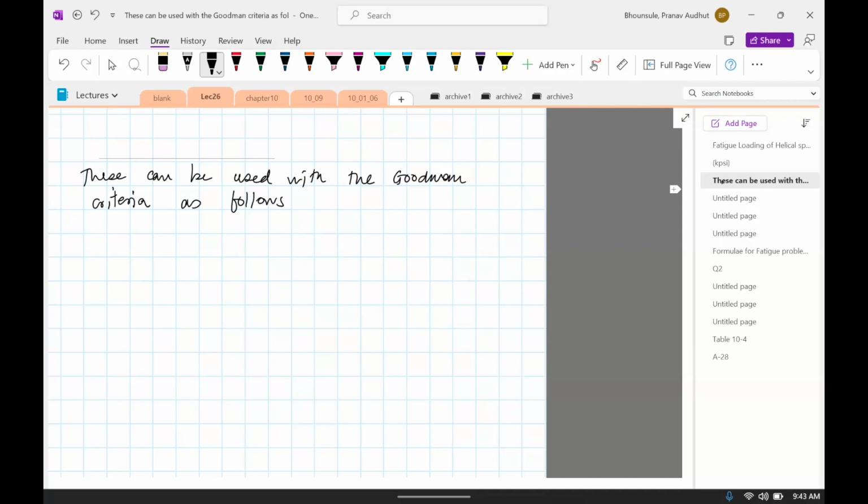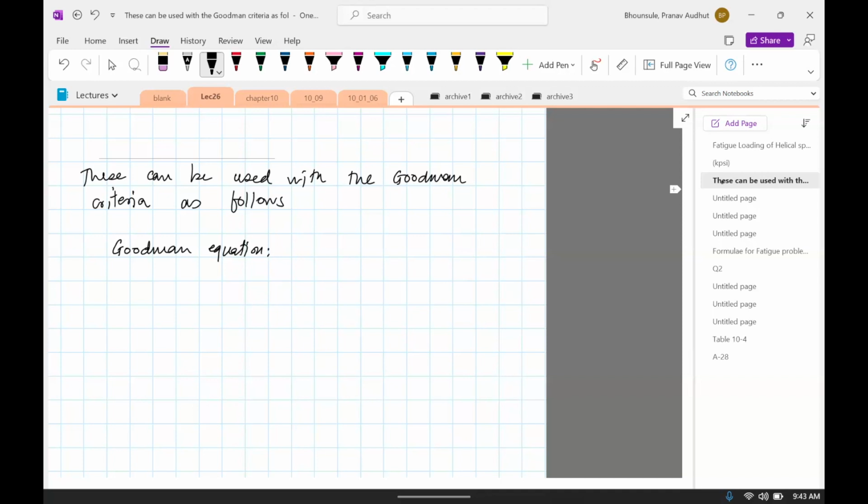Like the Soderberg and the asymmetry elliptic are not going to be useful. It's the Goodman and Gerber which are going to be used because they actually tell us something about the failure. Again, that's an empirical thing. It's not something which we can guess unless we do experiments.